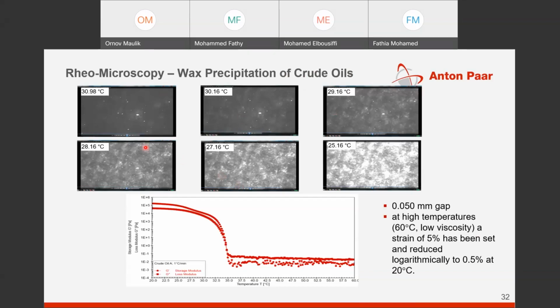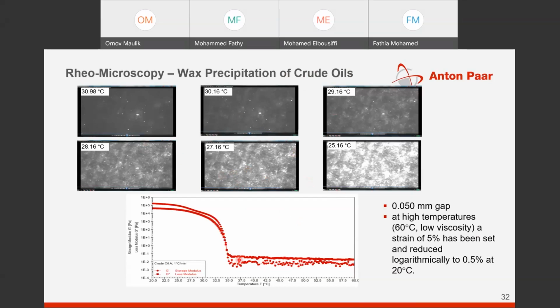So here you can see various stages of this crude oil precipitation with temperature, and you can compare it with the oscillatory tests. Initially at higher temperatures, your G prime is dominant.